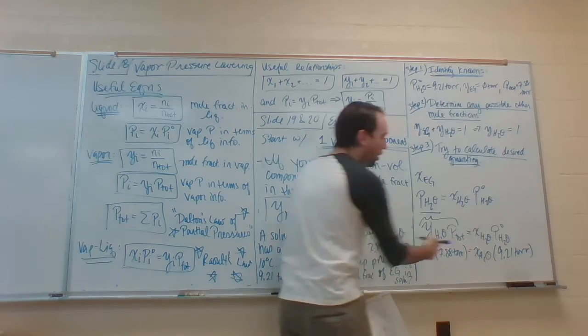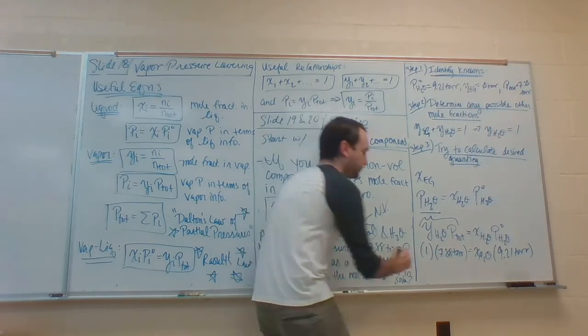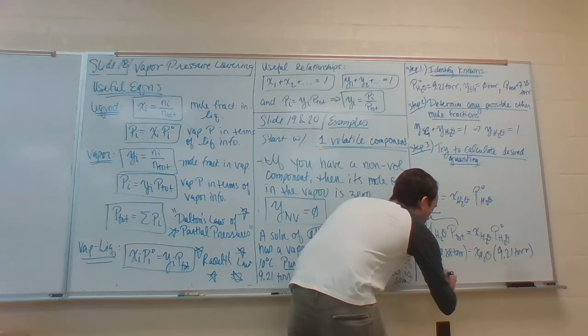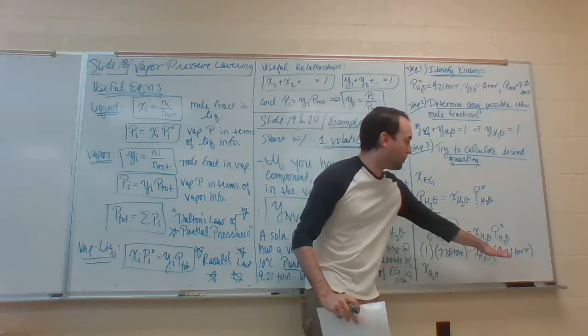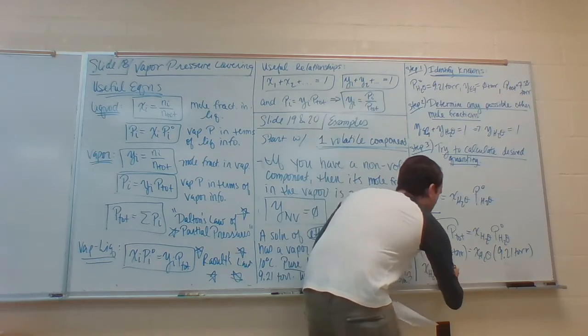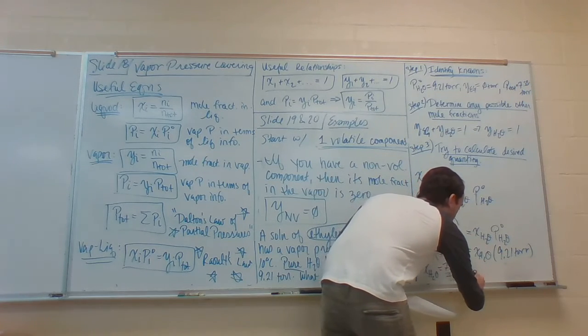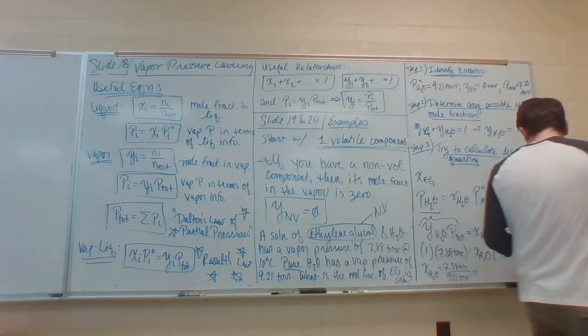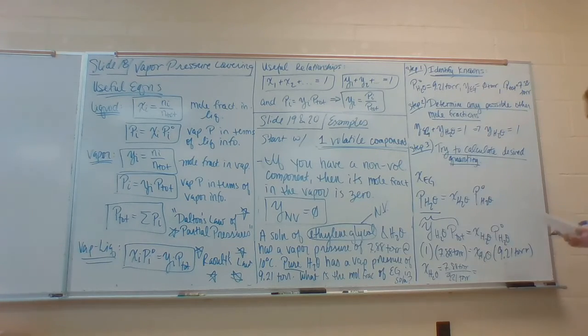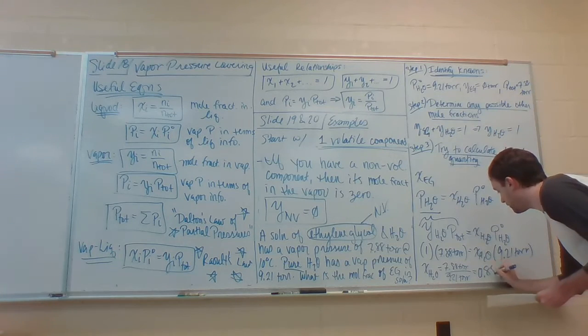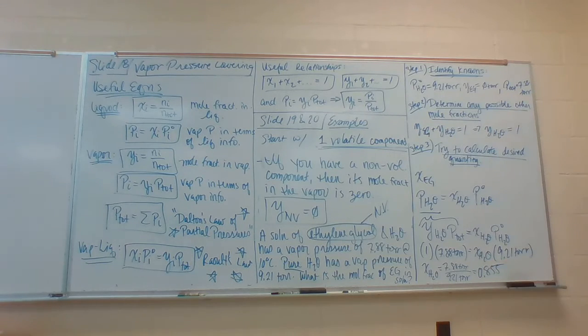So we can solve for our mole fraction of water. I simply divide both sides by my 9.21. So that's equal to 7.88 torr divided by my 9.21 torr. And of course, that is going to be equal to 0.855, which is my mole fraction of the water in solution.